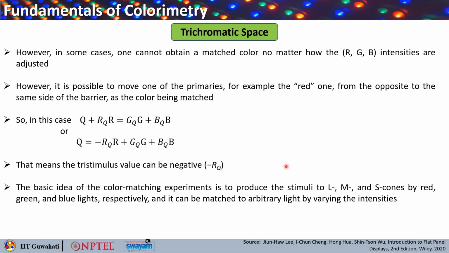So, here the basic idea of the color matching experiment was to produce the stimulus to the different types of cone cells, the L, M and S cones, which are sensitive to red, green and blue light, and it can be matched to any arbitrary light intensity by varying the intensity of those lights.